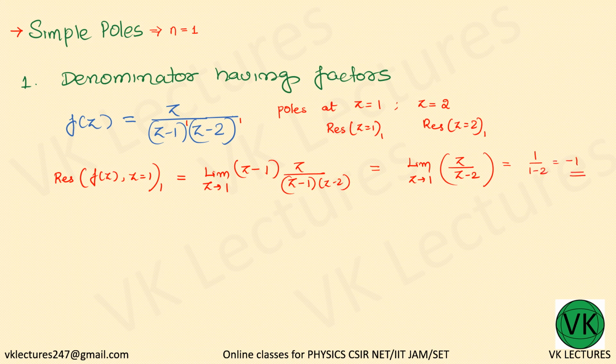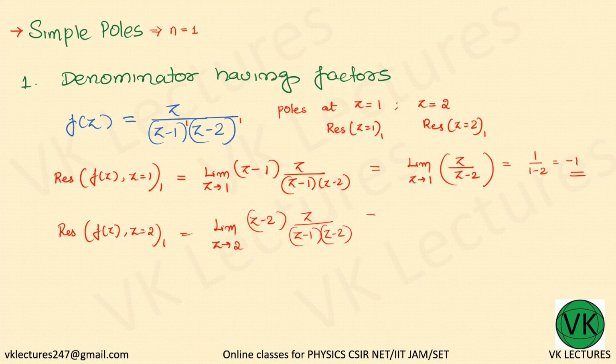So this is the residue at z equal to 1, and now we need the residue of the function f of z at z equal to 2. That is equal to the limit z tends to 2 of z minus 2 into f of z, that is z divided by z minus 1 into z minus 2.